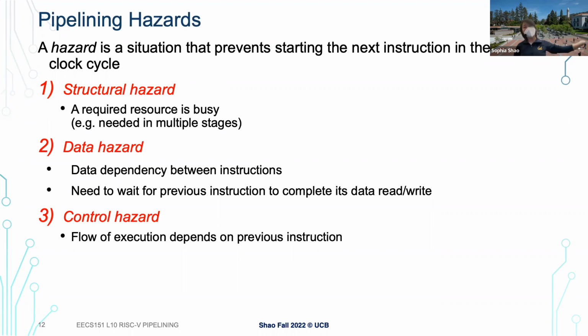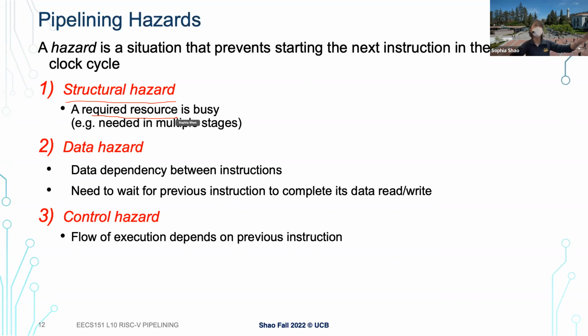For example, the first one is the structural hazard. As the name suggests, I need a particular resource to execute my instruction, but by the time I'm starting, I don't have that resource. I need something, but in the current pipeline, everything is busy. This resource is used by some other instruction, so I cannot start my execution.